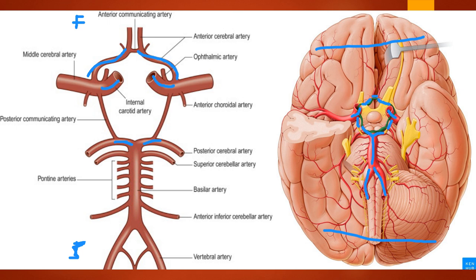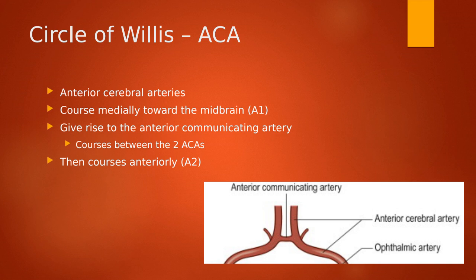They're going to be connected by our anterior communicating artery. And then that anterior circulation and the posterior circulation are going to be communicated with through these posterior communicating arteries on the side. Now, our middle cerebral arteries, we'll talk about these in a second. They're not technically part of the circle of Willis, but again, they can provide a necessary pathway in cases of stenosis or occlusion. So let's talk about each of these little segments individually.